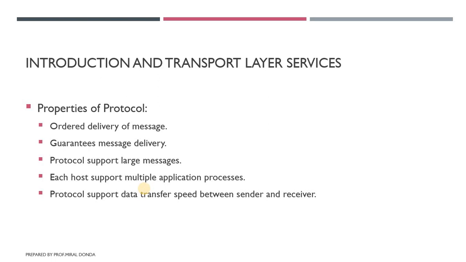Ordered delivery means we are segmenting, dividing our data into packets. The packets travel through multiple routes, but at the receiver side, with the help of the protocols, the unordered packets are reassembled in order, so we can easily convert those packets into the actual message.